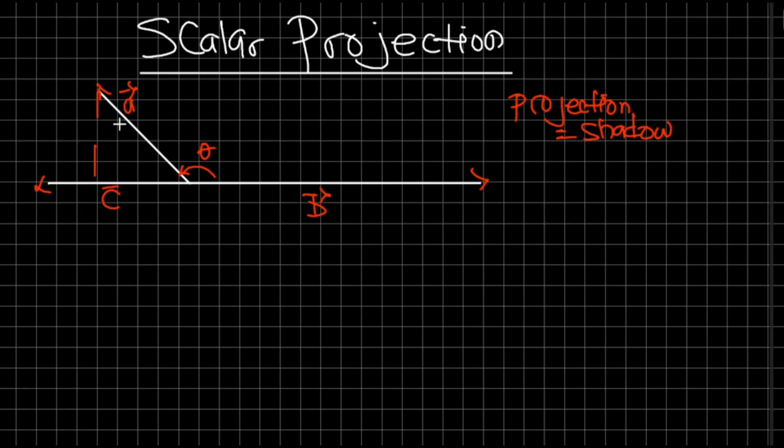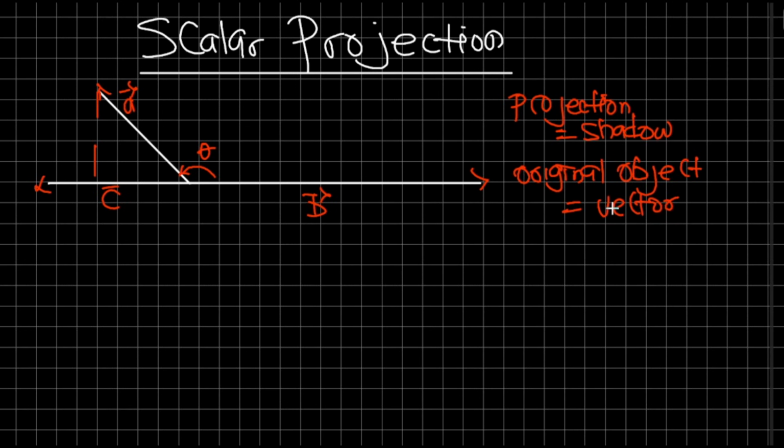So the original vector is the person. So the original vector is you that you are walking, but your shadow that is not real is called the projection. So the original object or person equals the vector.